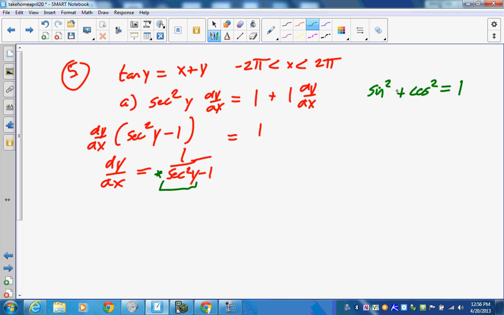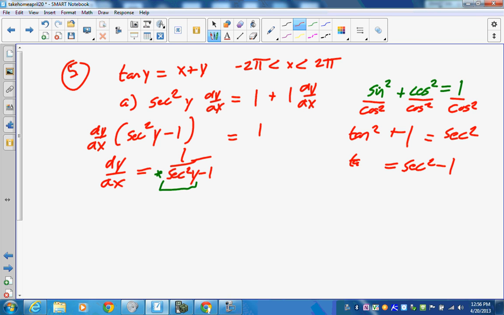If you divide through this original Pythagorean identity by cosine squared, you're going to get secant squared equals 1 plus tangent squared, since sine over cosine is tangent. So secant squared minus 1 is equal to tangent squared. This might end up helping you in the long run. So dy/dx is 1 over tangent squared.